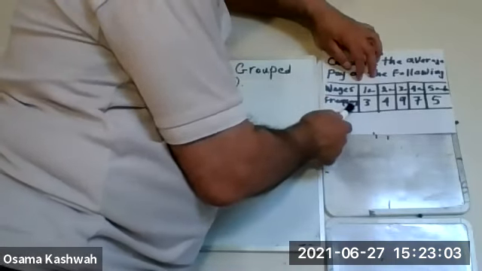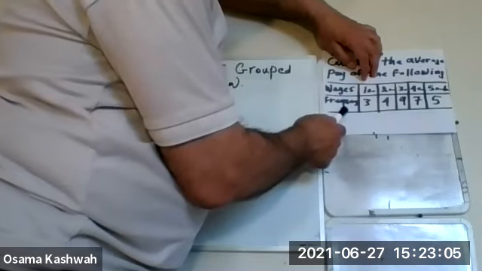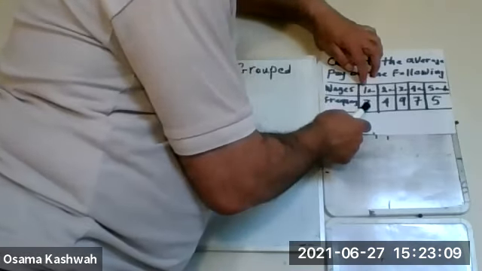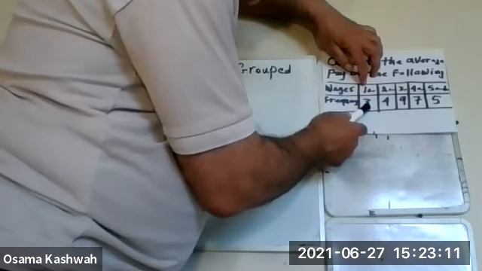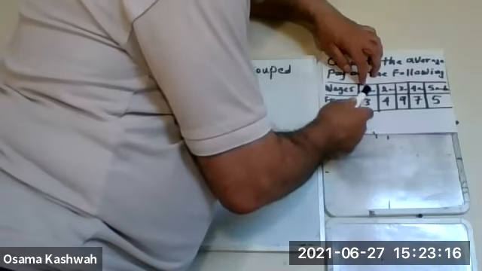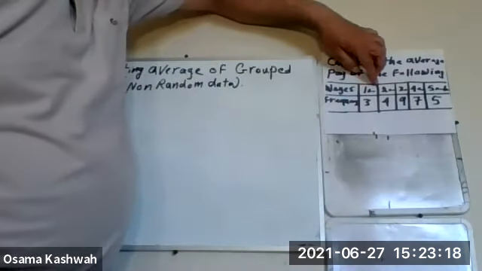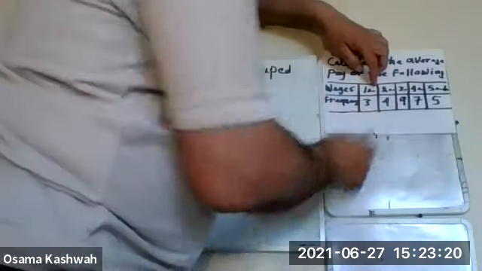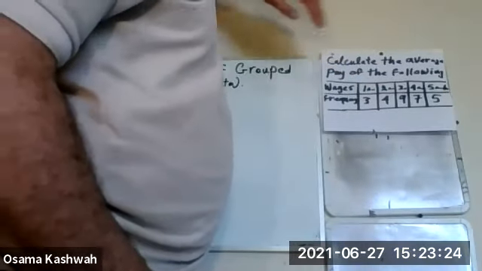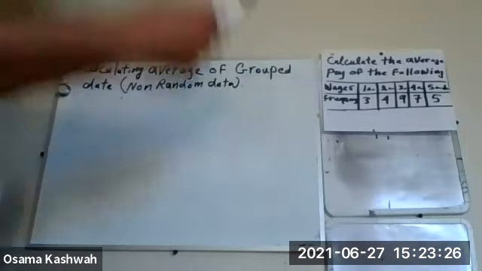Frequency means how many times it was repeated. So we have 3 persons taking between $10 and $20, and 4 persons taking between $20 and $30. Okay, so this is all the wages itself.